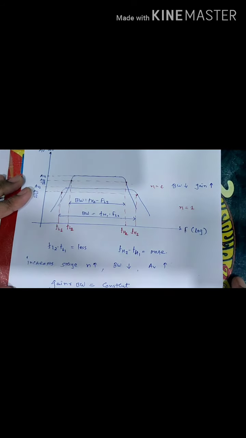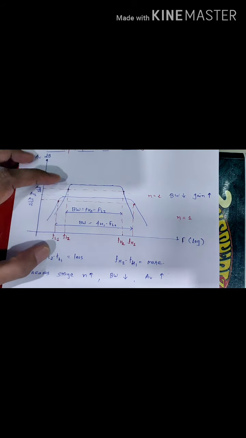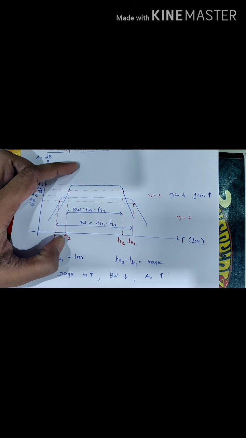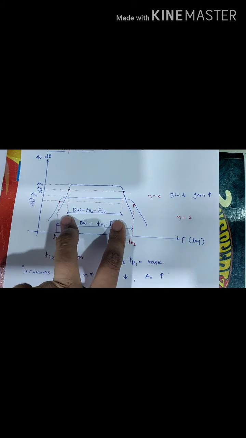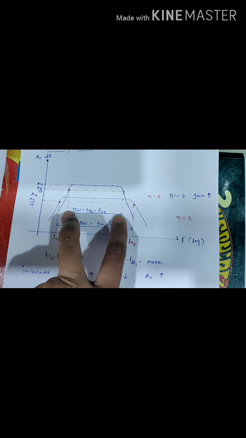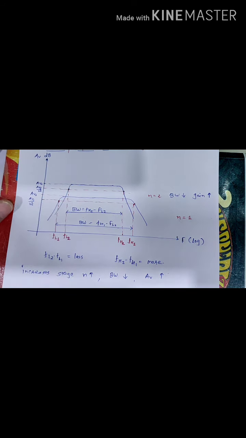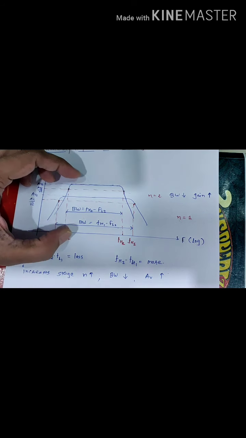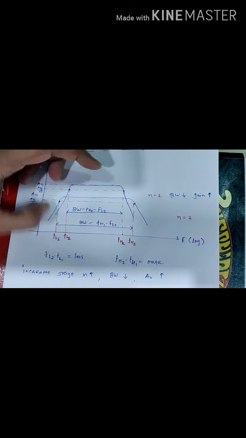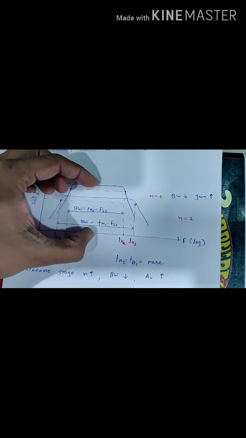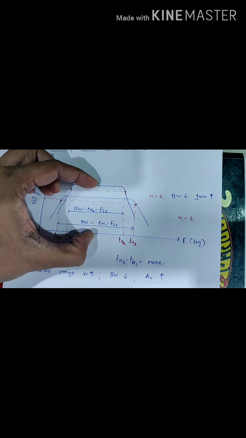So when we connect multiple stages, the gain rises, but similarly the bandwidth, or the frequency response band of the amplifier, decreases. That means it will give a mid-band gain for a shorter range of frequencies, but it will increase the gain.